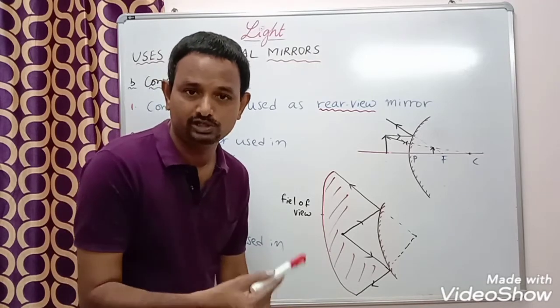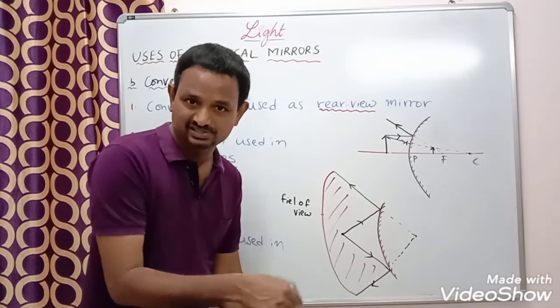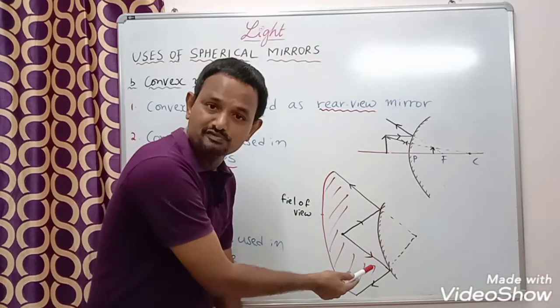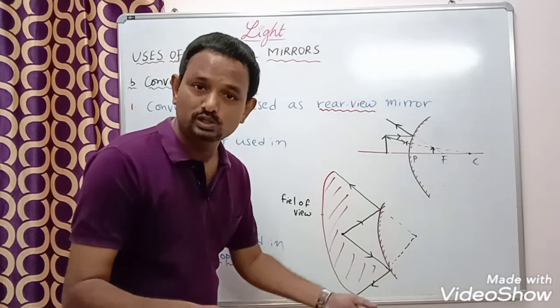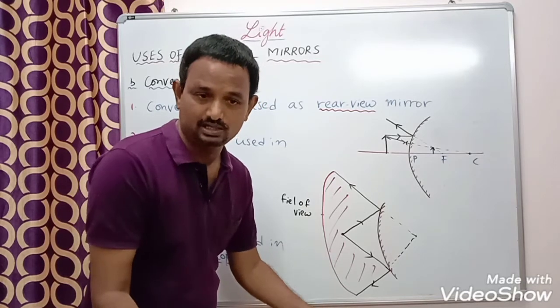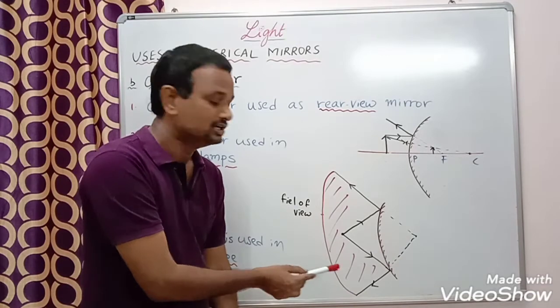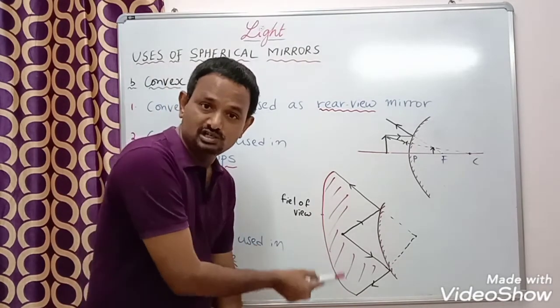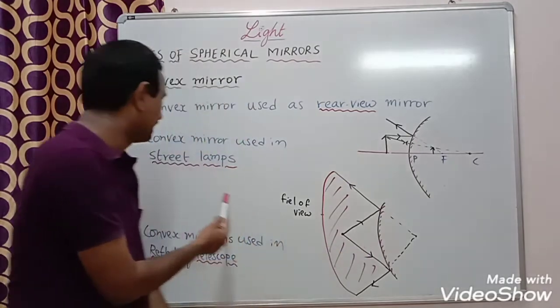A person at night can see easily because of this convex mirror, since it covers more area on the ground and he can easily identify the path. Again I am repeating, a convex mirror has a larger field of view, due to that we use it in street lamps.